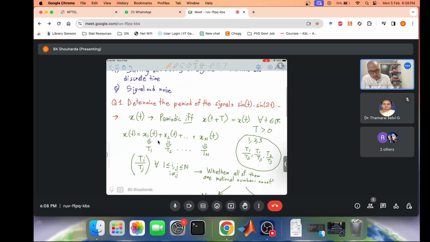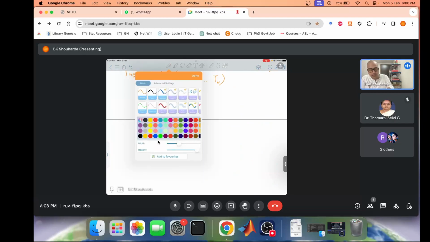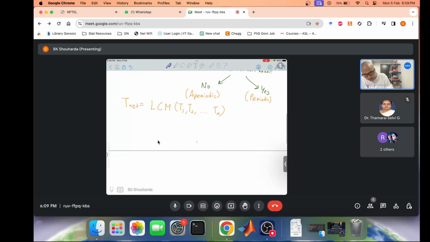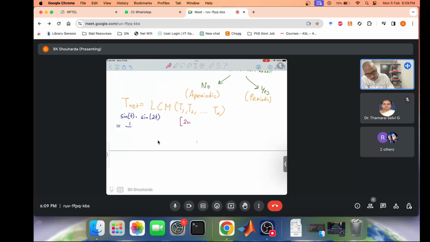Okay, so let's start with the same algorithm with this signal. Whenever you see any product of sines or product of cosines, always try to bring them back to a summation. So when we have sine t times sine 2t, we'll use the property 2 sine a sine b equals cos of (a minus b) minus cos of (a plus b).